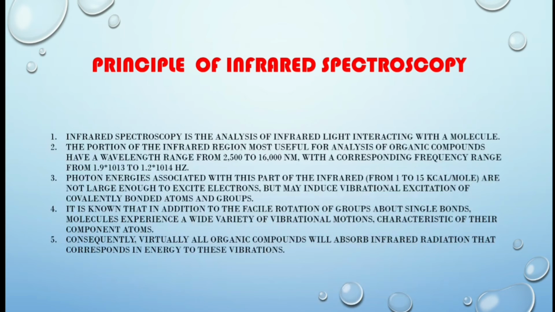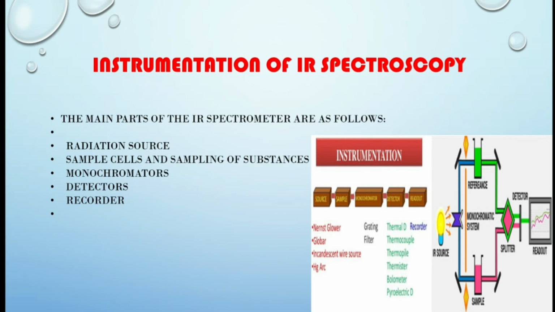It is known that in addition to the facile rotation of groups about single bonds, molecules experience a wide variety of vibrational motions characteristic of their component atoms. Consequently, virtually all organic compounds will absorb infrared radiation corresponding in energy to these vibrations. So that was all about the principle.